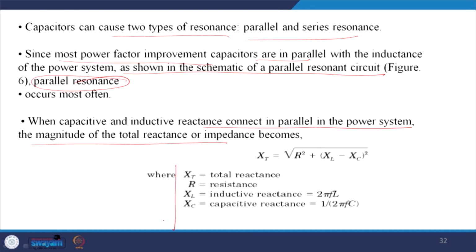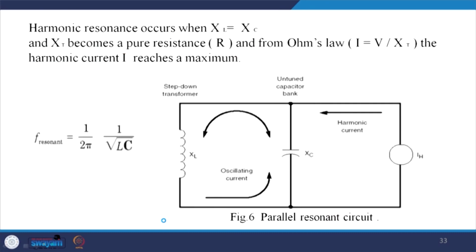This is an elementary calculation, but there is a problem. Harmonic resonance occurs when XL equals XC, or rather the admittances should be matched. So, XT becomes purely resistive, and according to Ohm's law it is this.